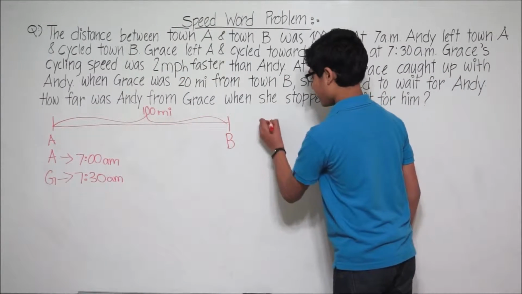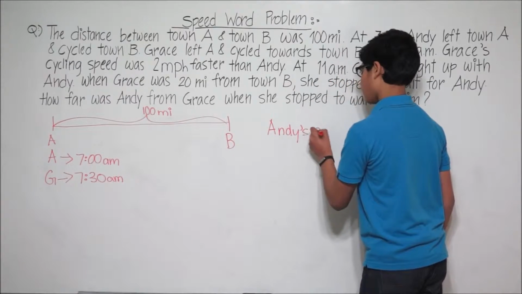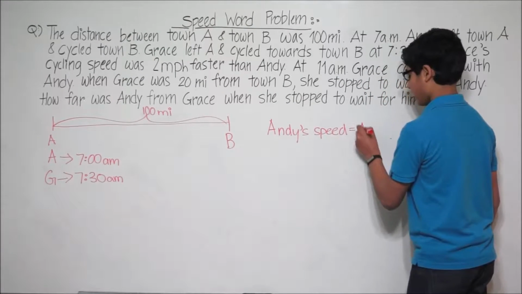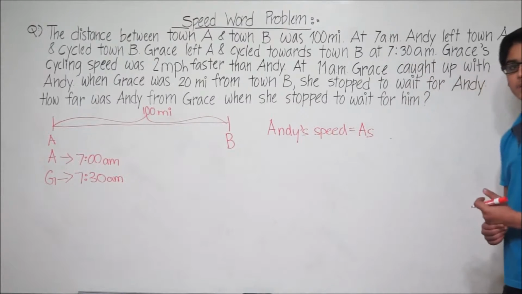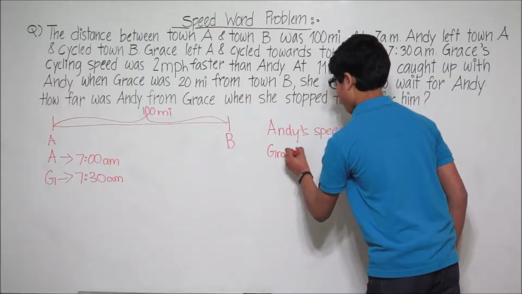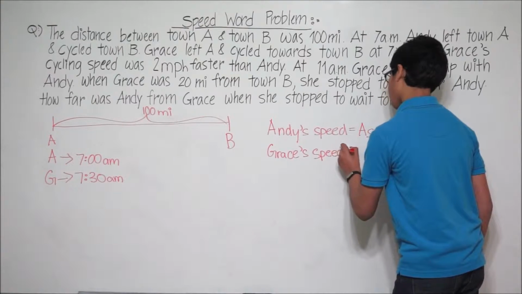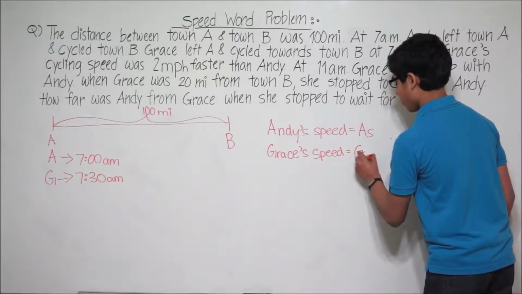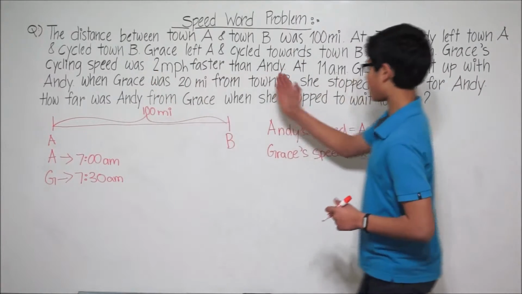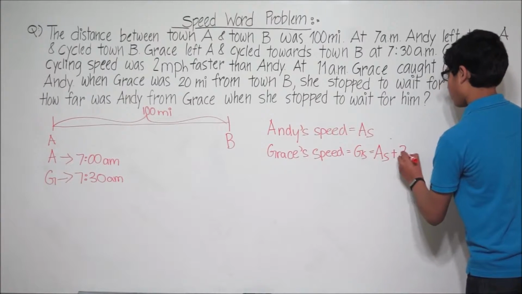So let's say that Andy's speed is equal to AS. So this means that Grace's speed is equal to GS, or from the problem, Grace's speed is 2 miles per hour faster than Andy's. So it's equal to Andy's speed plus 2.